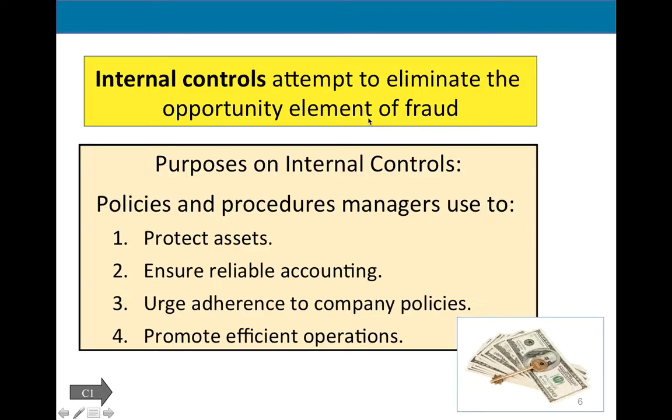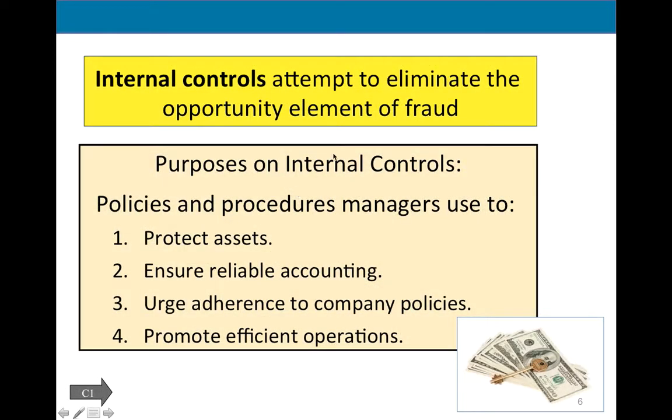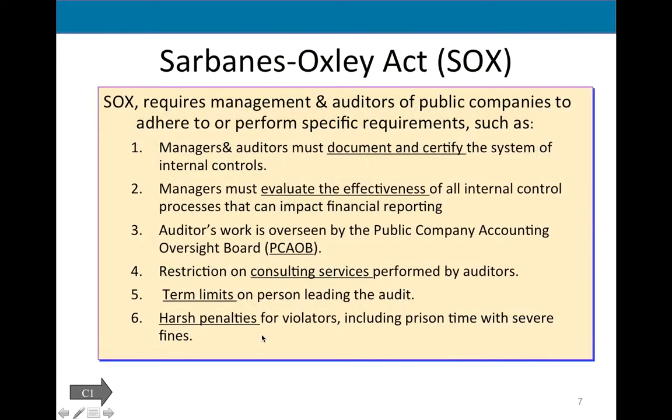They focus on that opportunity element only. We cannot fully eliminate fraud, but we are diminishing the opportunity of committing fraud. And these are four purposes of internal controls: to protect assets, to ensure reliable accounting, to urge adherence to company's policies, and to promote efficient operations.